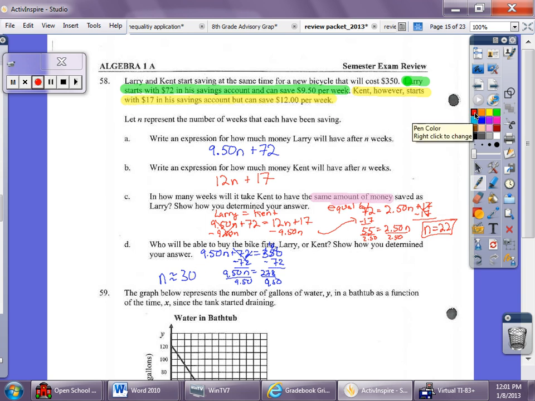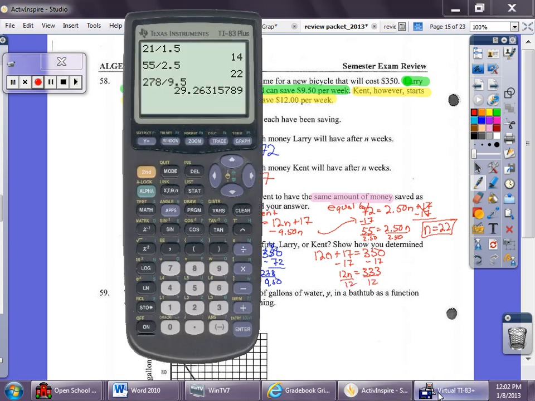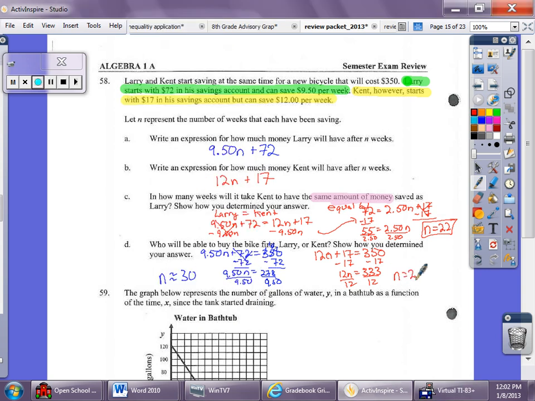And then we can look at Kent, which is 12n plus 17 equals 350. So 12n equals 333, divided by 12, which is 27.75.